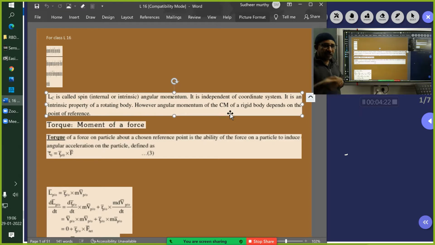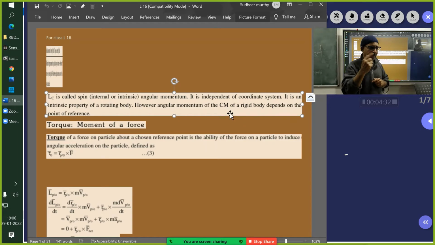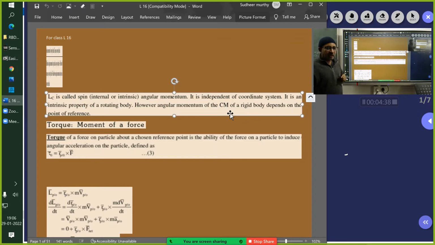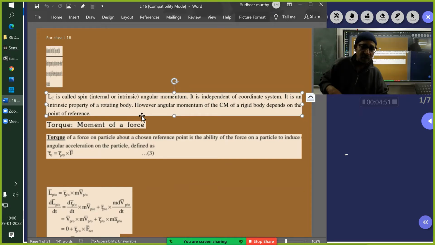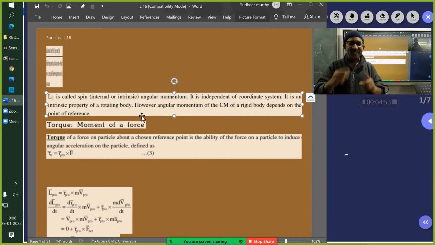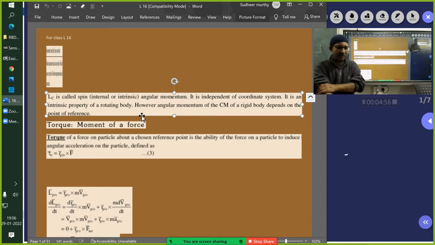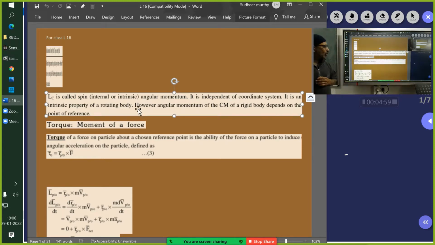It is not with respect to any reference point. Such a body spinning on its own about its center of mass is called internal spin or intrinsic spin. It is independent of the coordinate system. It is an intrinsic property of a rotating body. So the electron's spin is an intrinsic property. Intrinsic means from the day the electron was born, it was spinning and rotating, same as the Earth. So that is called intrinsic.